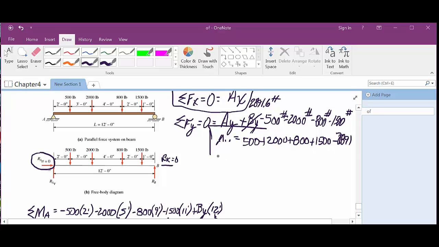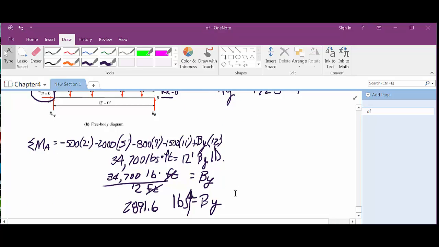Punch all those in, and that tells you what AY is. It comes out a positive value, 1928 pounds. We said it was up. That means it is up. Just like on this other one, BY we said was going up, and BY came out a positive value, so it was going up.